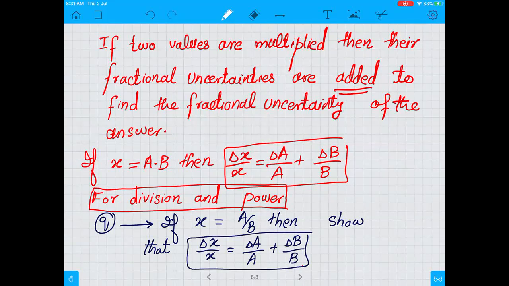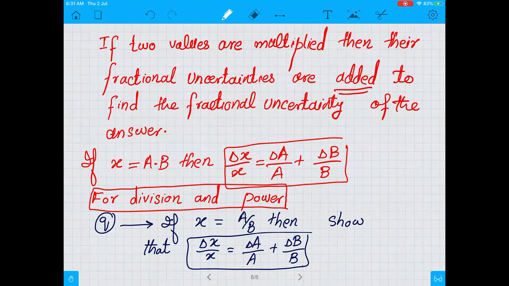This is what you have to prove. So if you divide a over b and you get a value x, then by adding their fractional uncertainties, you will get the fractional uncertainty of the answer. So this is what you have to prove yourself.